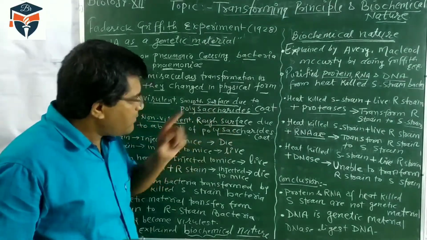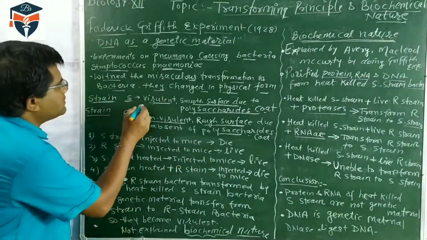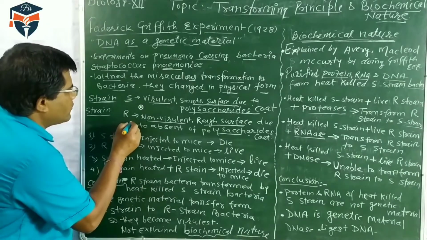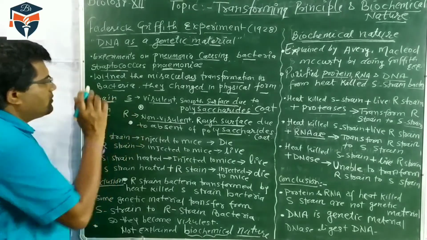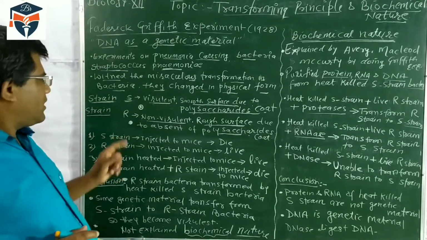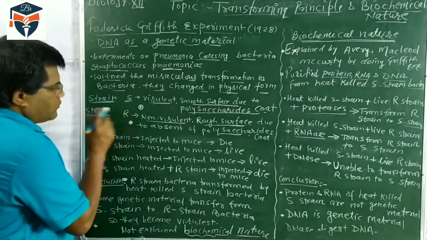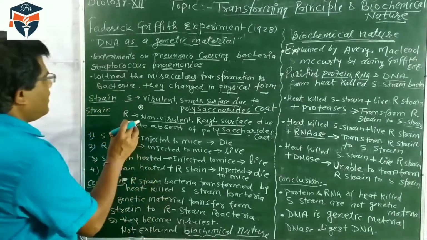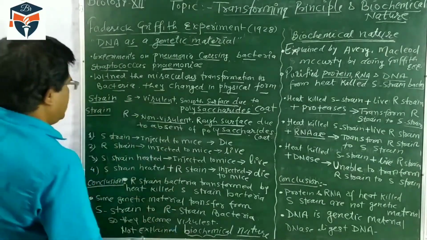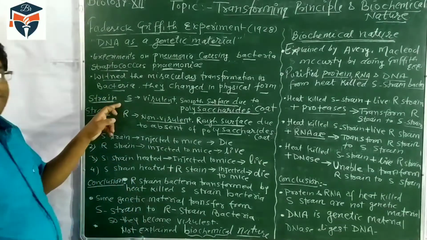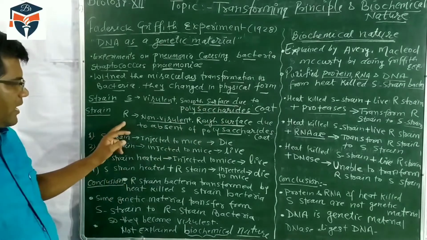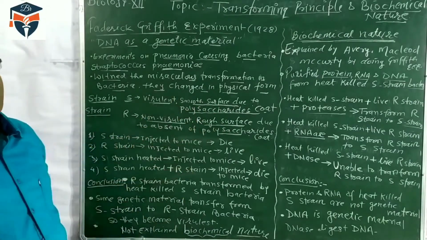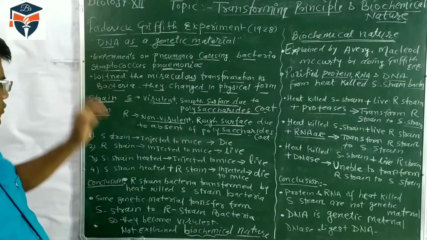It has a rough surface, and in such cases this coat does not occur, so the surface is rough, and that's why it is called strain R. So we have two strains of the bacteria. Strain S is virulent with a smooth surface, and strain R is non-virulent with a rough surface.